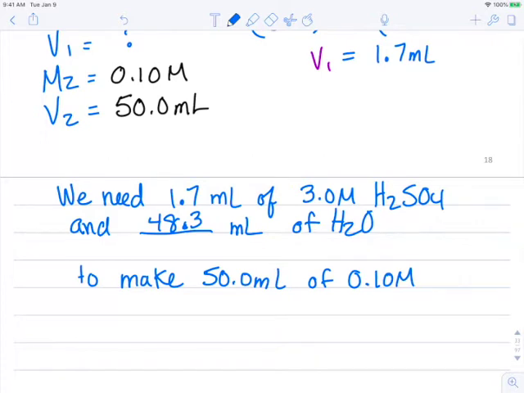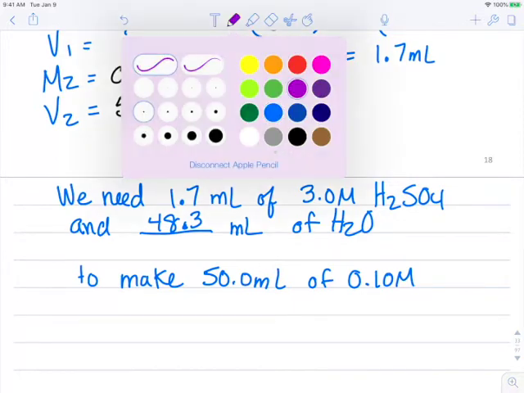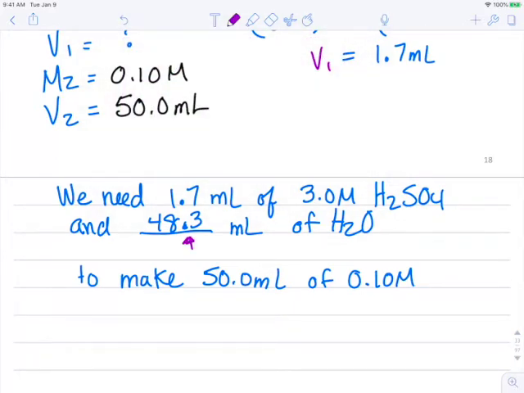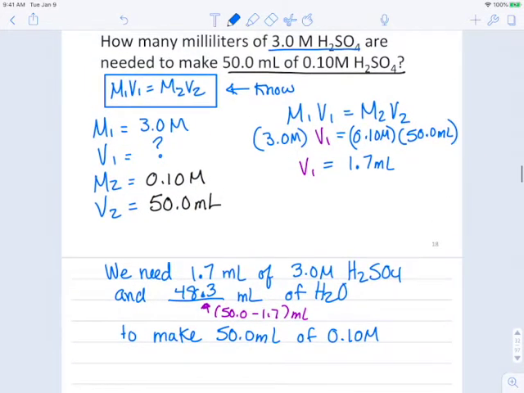Any questions on where we found that 48.3? Just for fun, if you can't quite remember how we got 48.3, it was 50 minus 1.7, like so. Questions on anything we did here with M1V1 equals M2V2?